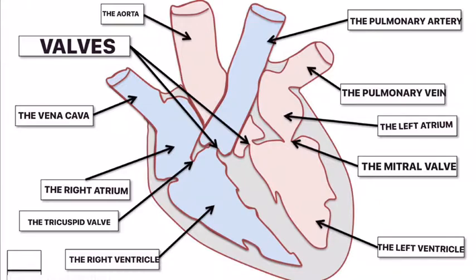It then flows through the pulmonary artery, as we've said, into the lungs and becomes oxygenated before being circulated back into the heart by the pulmonary vein, and then it will flow through the atrium, through the ventricle and through the aorta to the rest of the body. So cells are provided with oxygen and they can respire to give us energy.